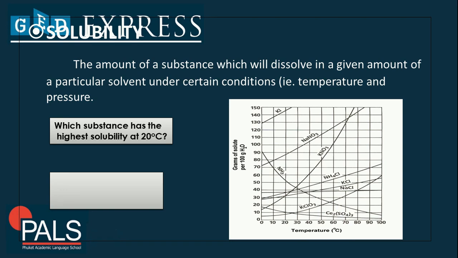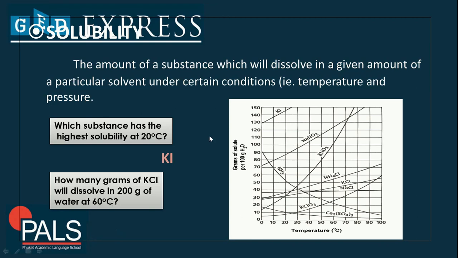In this case, which substance has the highest solubility at 20 degrees Celsius? You're right, that would be potassium iodide, or KI, because that's the highest, which can dissolve 130 grams of it at exactly 20 degrees Celsius.